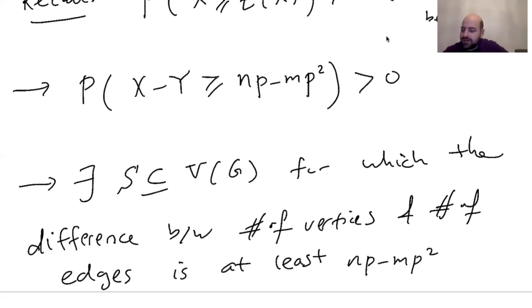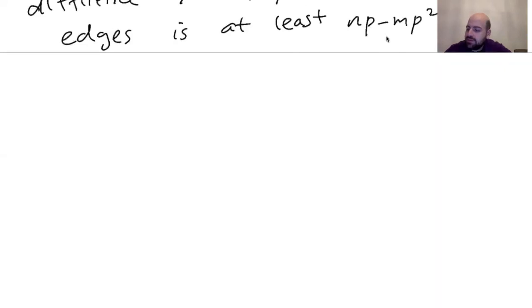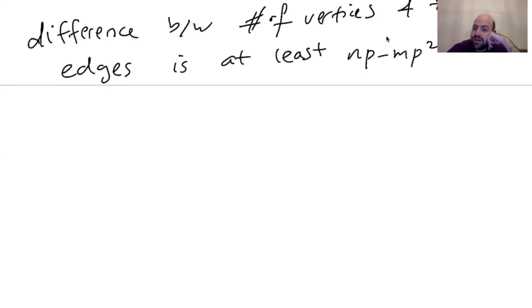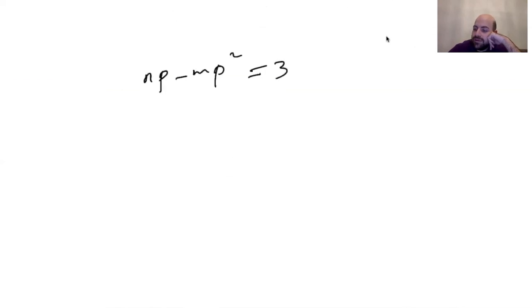Okay, let me explain this to you with an example. Let's say this expression, np minus np squared, we don't know what number it is, but say, for example, it is 3. So that means I have a graph, I have a subset where the difference between the number of vertices and edges is at least 3.